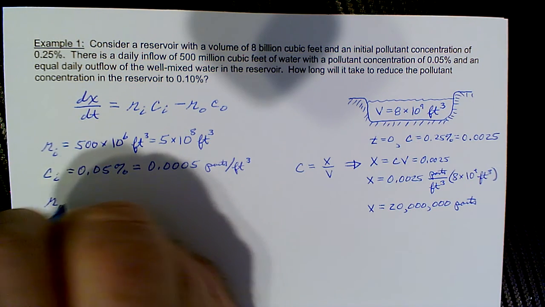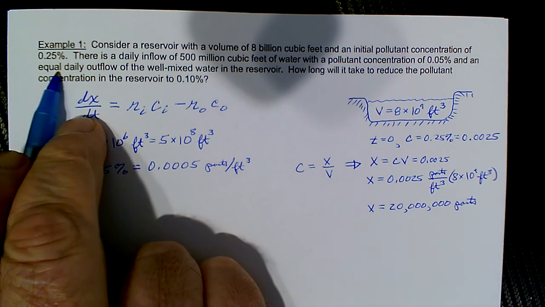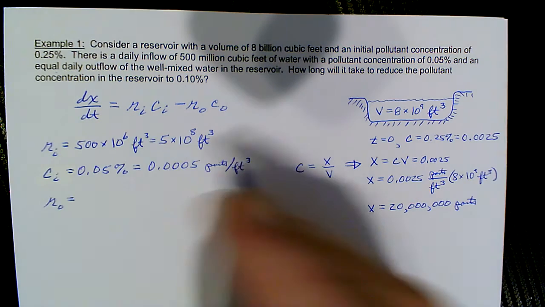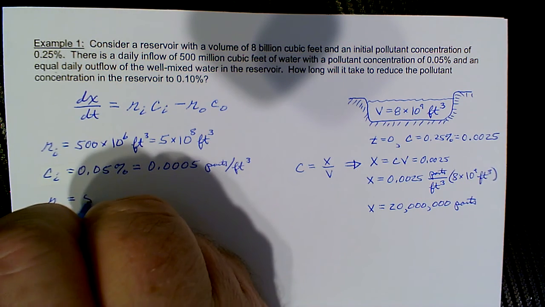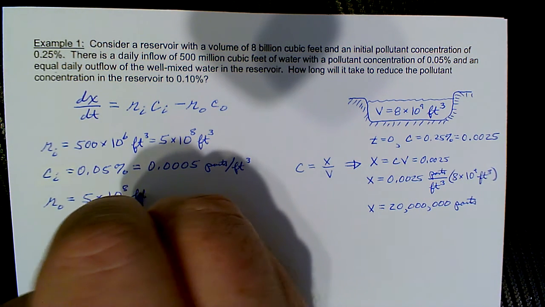Okay, and then our rate out, it says an equal daily outflow. So we'll just jump right to 5 times 10 to the 8th cubic feet.